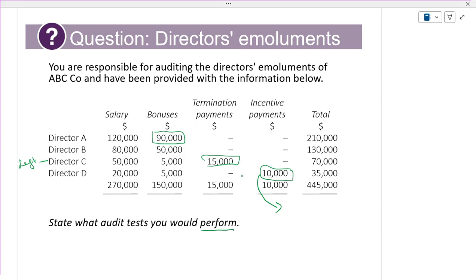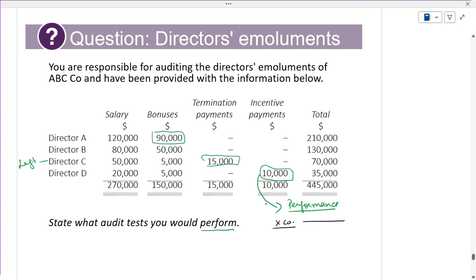Related to the performance during the year. Incentive payments are fine when related to performance. But from this perspective, what is an incentive payment? See, you are working in X company, you are a director in X company.